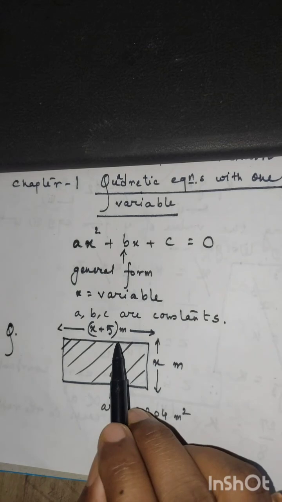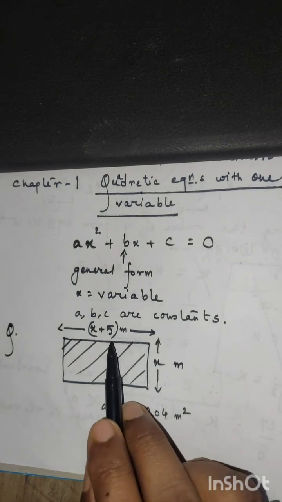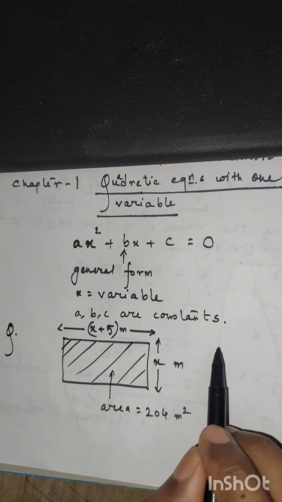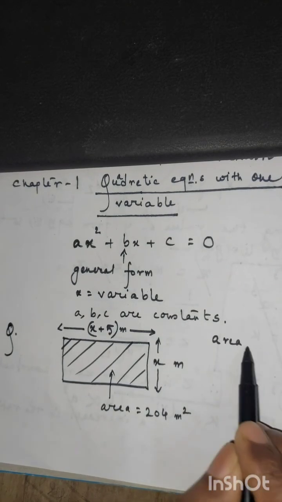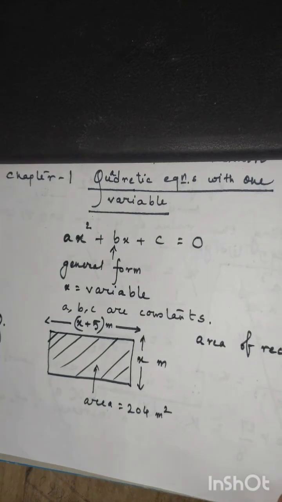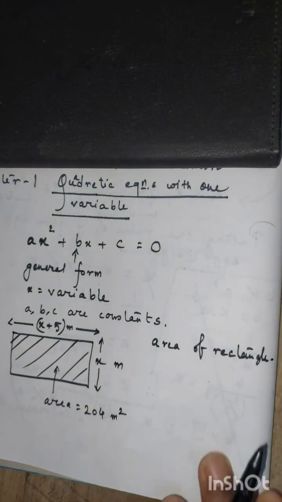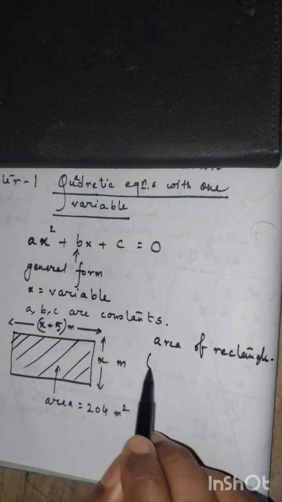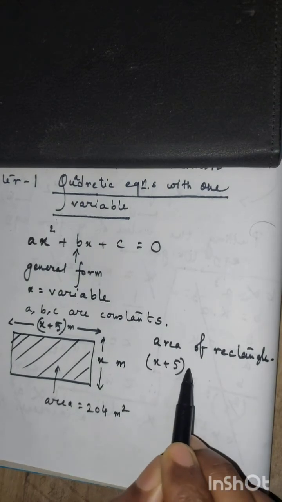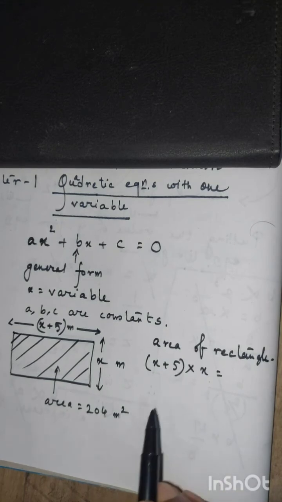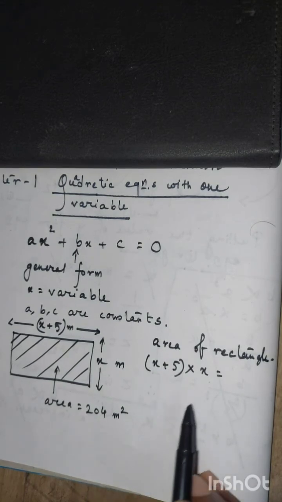The area of a rectangle we know, that is length into breadth. Area of rectangle equal to length into breadth, that is x plus 5 into x, and this area is equal to 204.